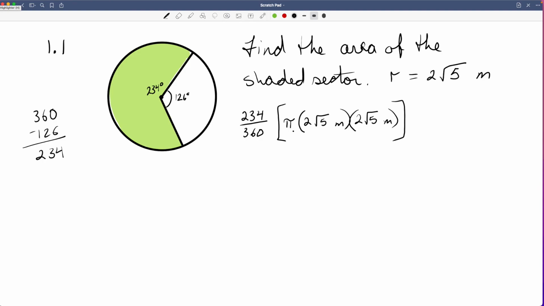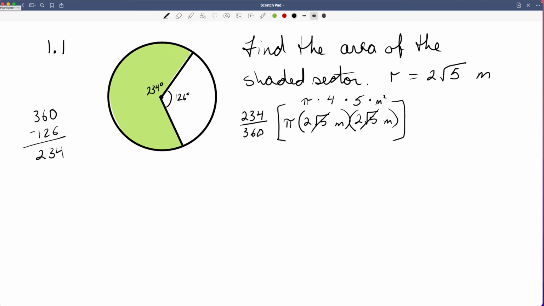Now we can do what's inside the parenthesis first. The square root of 5 times the square root of 5 is 5, 2 times 2 is 4, and meters times meters is meters squared, and we are multiplying it all by pi.